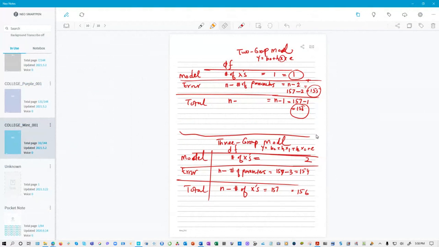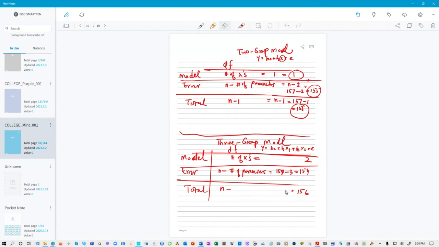This always 1, n minus 1. So always n minus 1. We don't need to put the number of x. Always n minus 1.